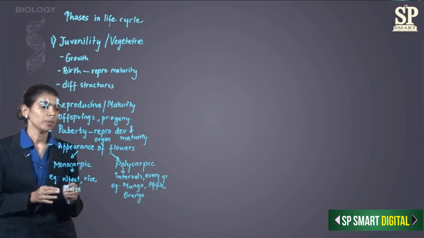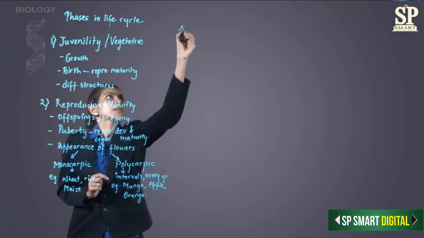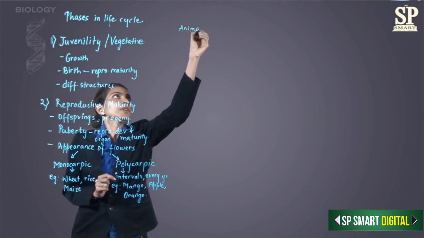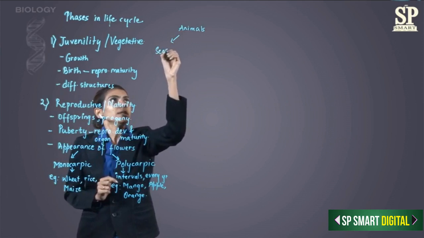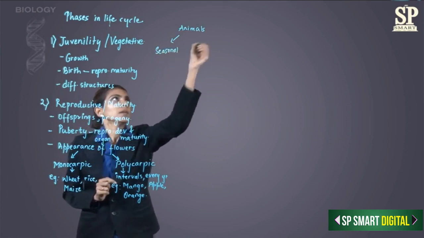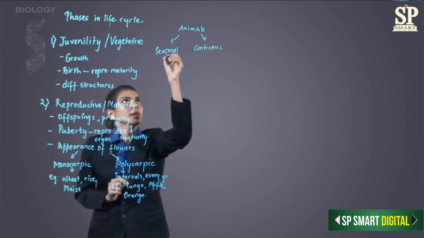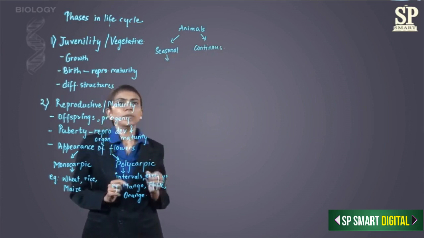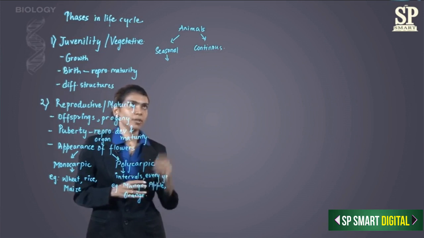Now coming to animals. Based on the time of breeding, the animals can be classified into two types. Seasonal breeding or continuous breeding. The seasonal breeding animals undergo breeding only at a particular time of the year.